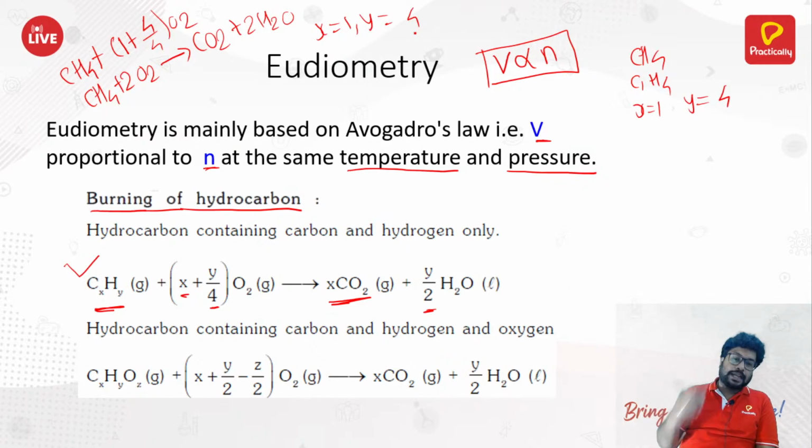So that is balanced with the oxygen. Now what they are saying, you are getting x CO2. So x is 1 here, so you're getting 1 CO2, right? Then you are getting y/2 H2O. Now y is 4, so 4 divided by 2 is equal to 2H2O. Okay? That is how this formula is justified.